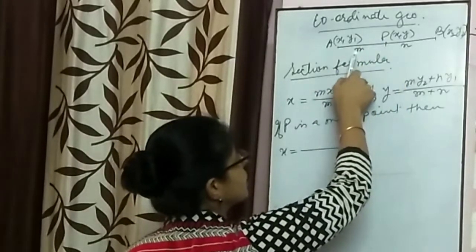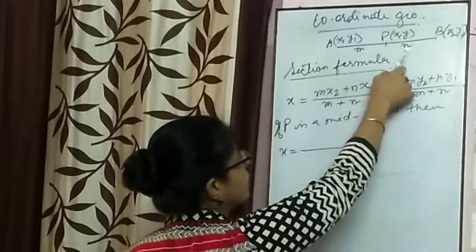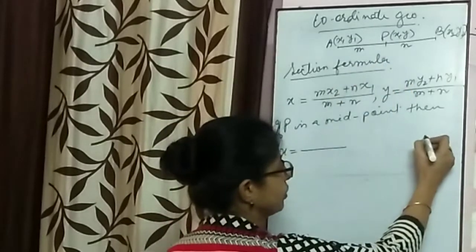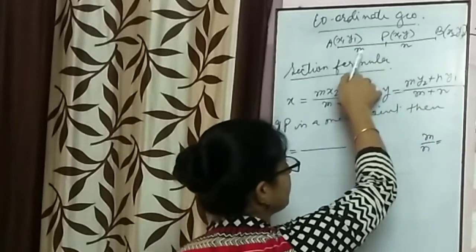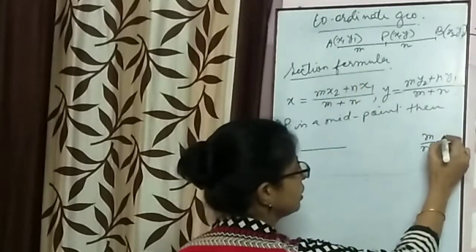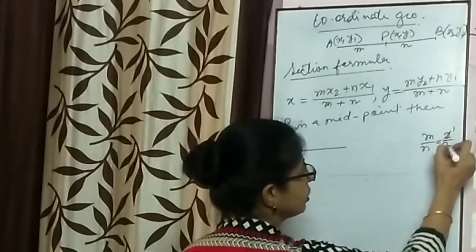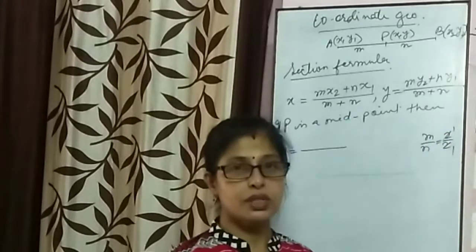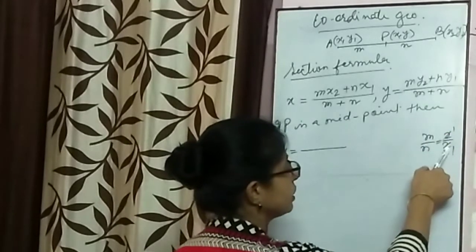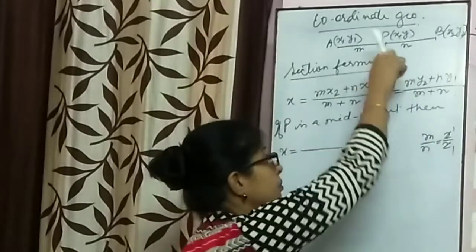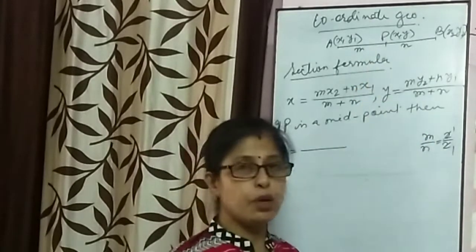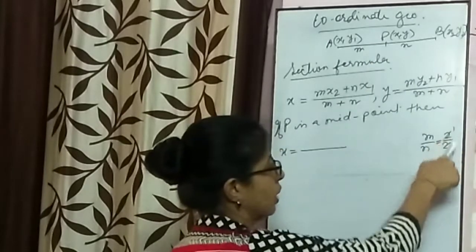If it is a midpoint, say this part is 2 units, then the other part will also be 2 units. Ratio means m by n. So whatever it is, maybe 2, 3, or 4, any measurement, whenever this is a midpoint, the ratio comes as 1 and 1.